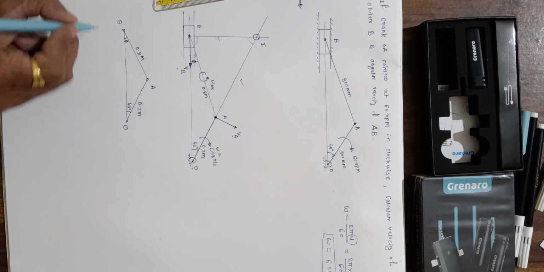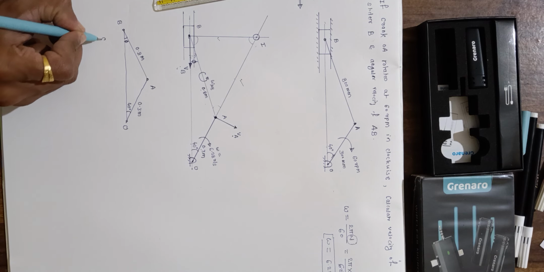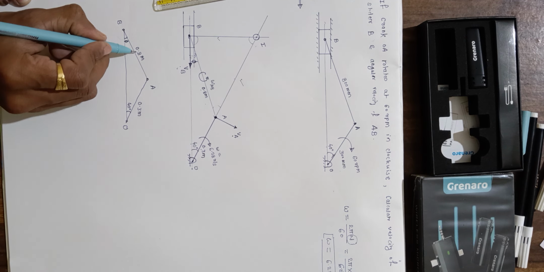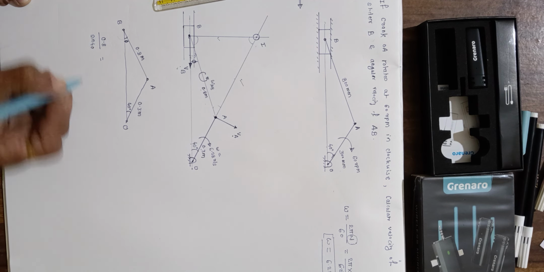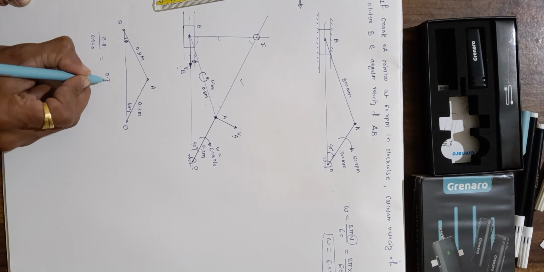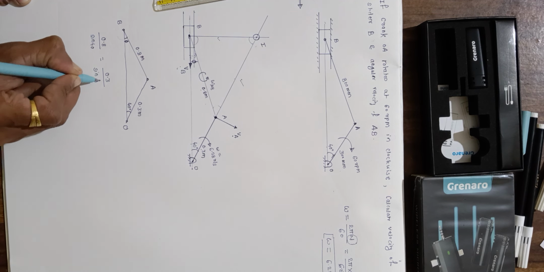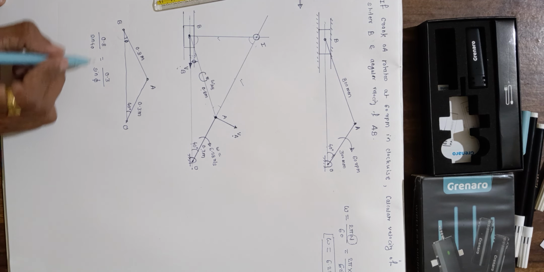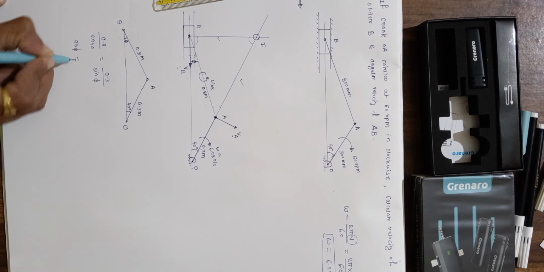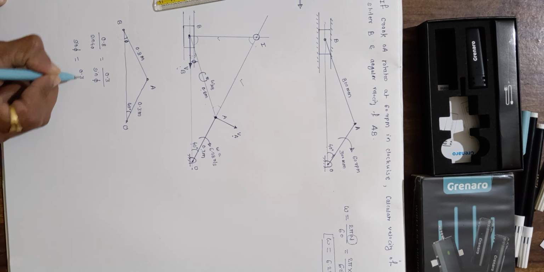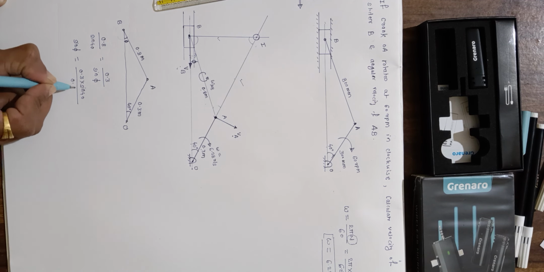Now use the sine rule in this triangle. The known side is 0.8, sine of the opposite angle, so it is sine 40, equal to 0.3, sine of the opposite angle, which is sine phi. Now from this we can find sine phi. So sine phi is equal to, just do the cross multiplication, 0.3 into sine 40 divided by 0.8.